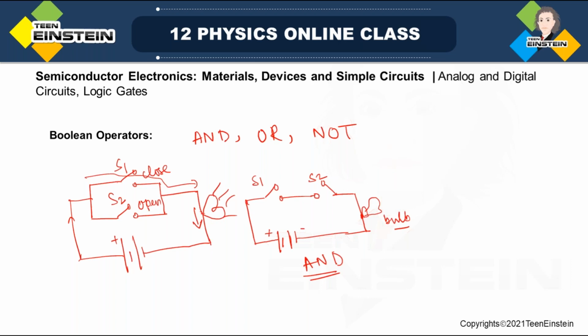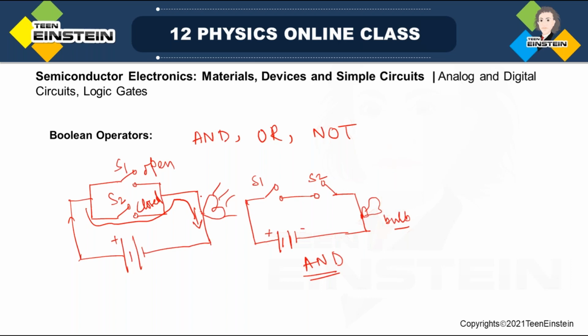Similarly, if I keep the upper one, S1, open, and S2 closed, then also the whole current will pass through the bulb.